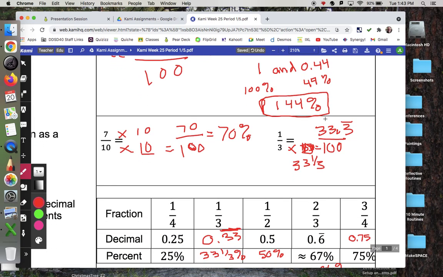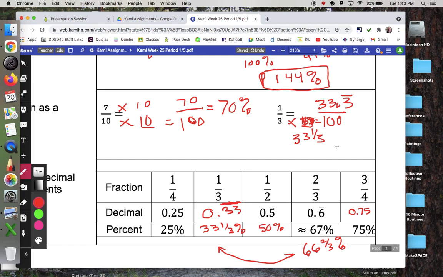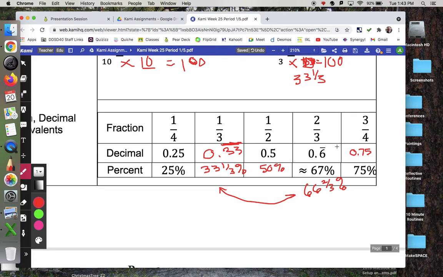7/10 is 70%, and 1/3 is one to memorize because it's 33⅓%, not 33%. So we need that third. So these are some good ones to memorize. A quarter, 25 hundredths, 25%. 1/3, 0.3 repeating, 33⅓%. 1/2, 5/10, 50%. 2/3, 0.6 repeating, and they rounded, but you don't really need to.